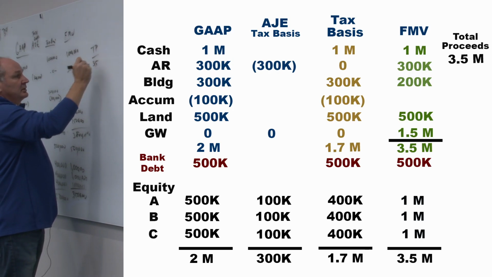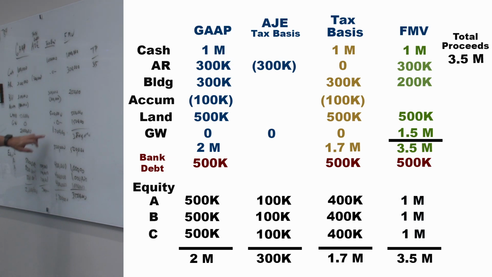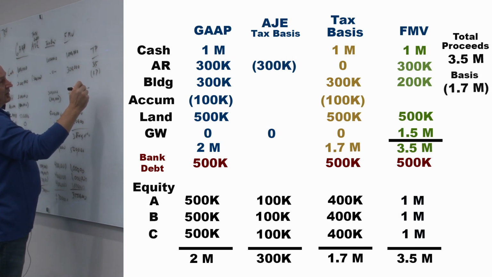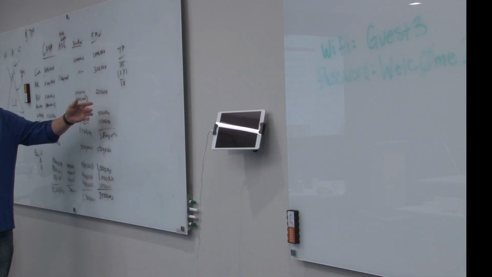If we have total proceeds of 3.5 million, which is inclusive of debt, we have basis, we said, of 1.7, correct? 1.7 of basis. We have an overall gain of 1.8. Is that correct, math guy? It is? Okay. So we have a total amount.